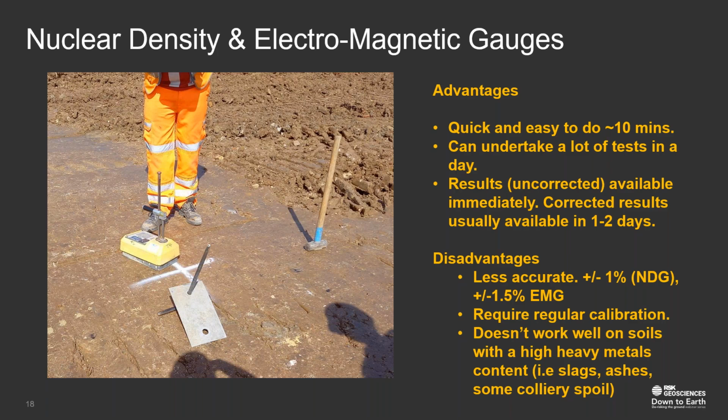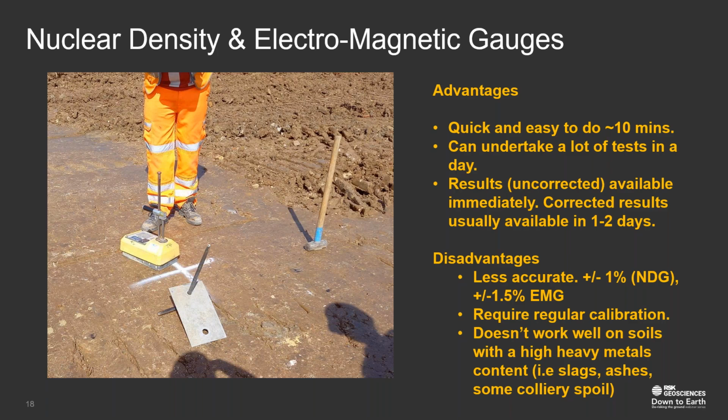The disadvantages with them is that they're less accurate than the more formal sand replacement density and core cutter tests, which I'm going to come to in a minute. And they require regular calibration. Now, the calibration for a nuclear density gauge is quite involved. It usually involves packing a specialist container in the lab and then testing that as a known quantity.